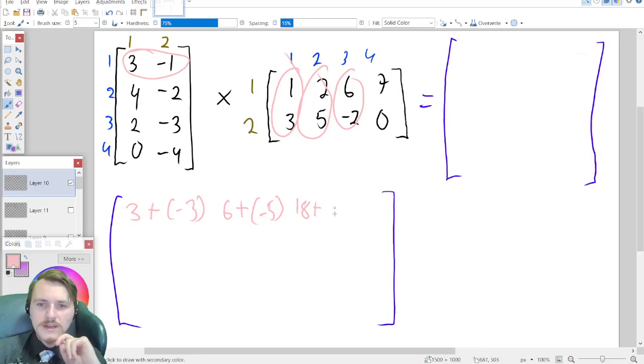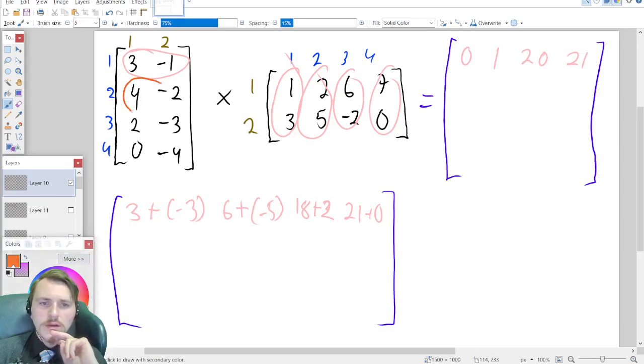Plus -1 times -2 is 2. 3 times 7 is 21. Plus -1 times 0 is 0. Our resulting values for the first row are 0, 1, 20, 21.